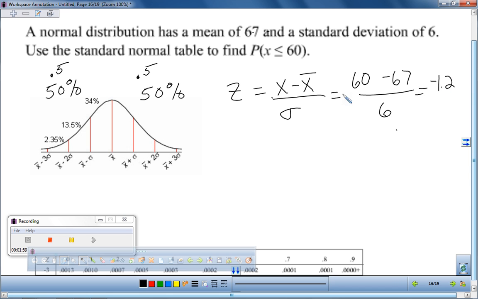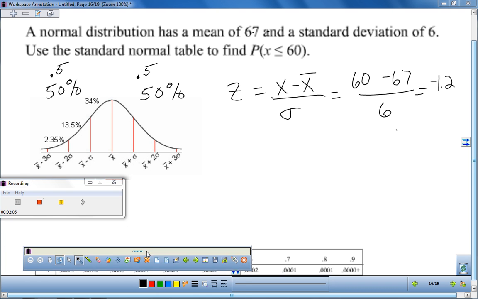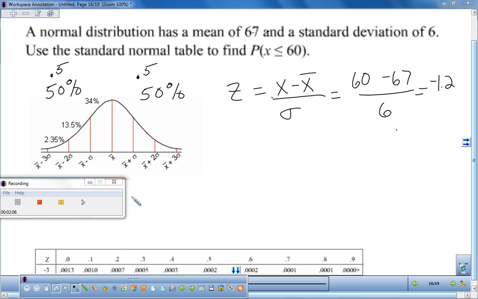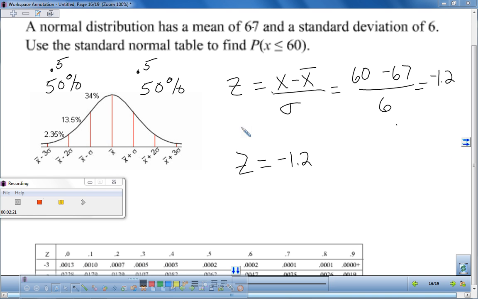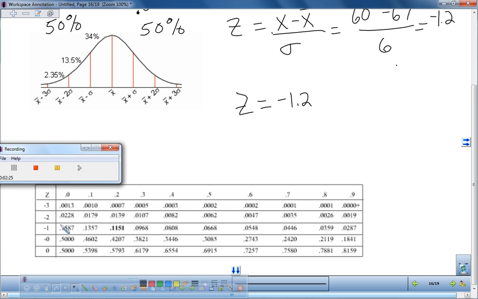Now I've rounded here because the table that we're going to use for this particular problem, which I've already put here, only goes to 2 decimal places. So let's look at our table. Now this is what we have, a z-score of negative 1.2, and we want the probability of being less than that. So if we look at our table down here, we've got negative 1, and so we come over to 2, and we end up with this number, 0.1151.